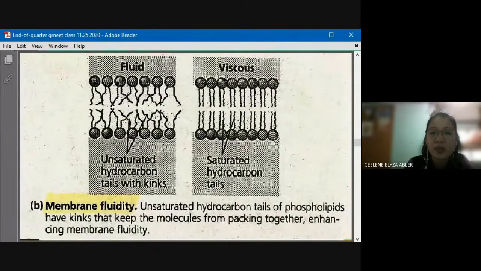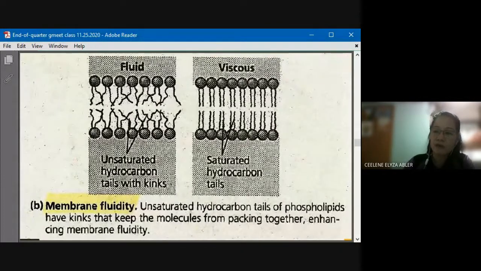So it's not just for your entire health. It's actually at the molecular level, those saturated fatty acids actually contribute to the non-fluidity of your plasma membrane. So it's actually the reason why the fluid is viscous.